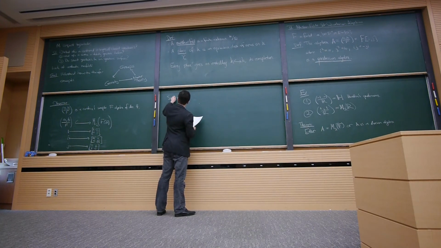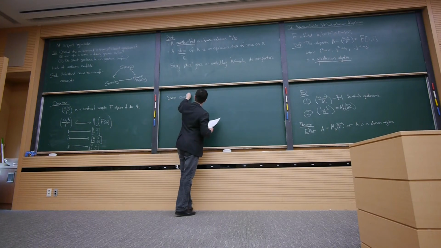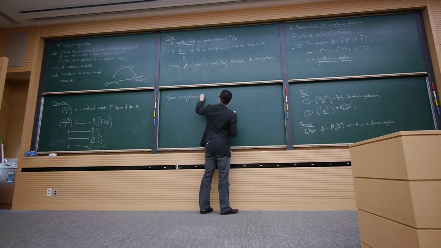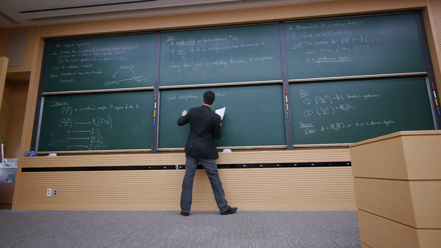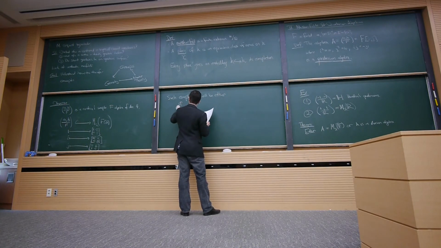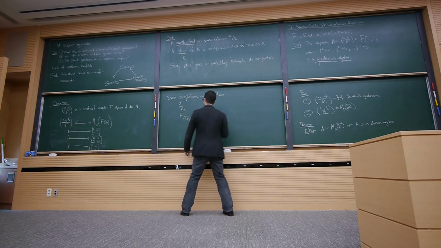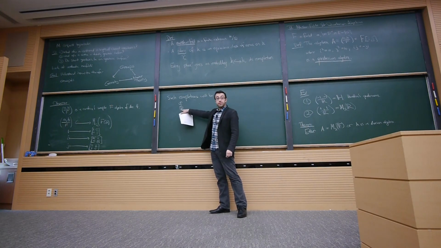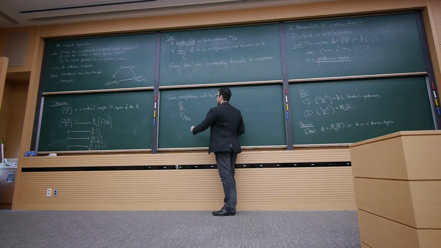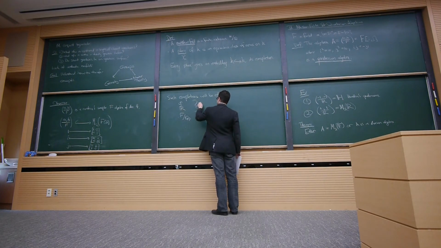So such completions will be either C, R, or some finite extension F of Q_p. So norms that complete to C or R, we call them the infinite places.